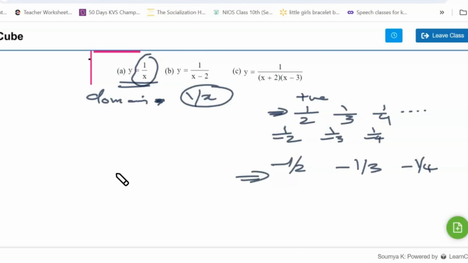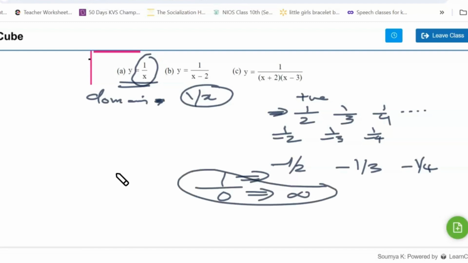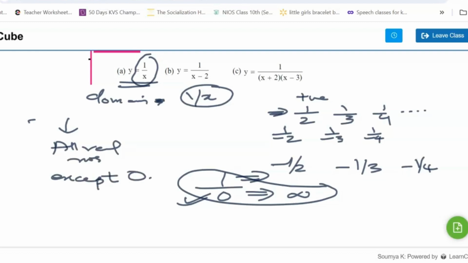So you have corresponding values like this for negative values. Now consider the value 0. If you think this value 0 comes here, it will be 1 by 0, which is not defined, or infinity we say. So this is not defined when the value of x becomes 0. So in that case, you can say domain of this particular question is all the real numbers except 0, because when you take 0 as the value, the image created, that is the y, will be not defined.